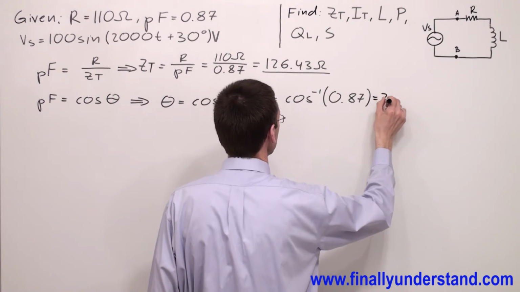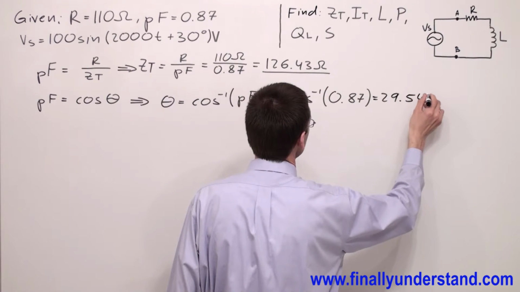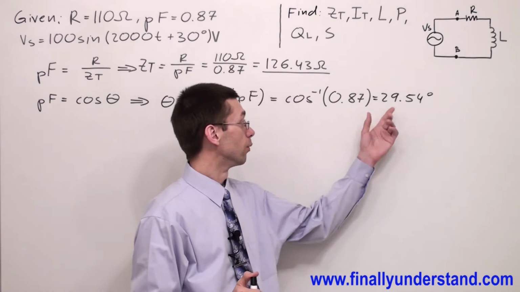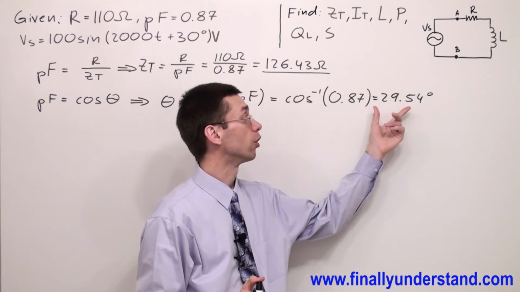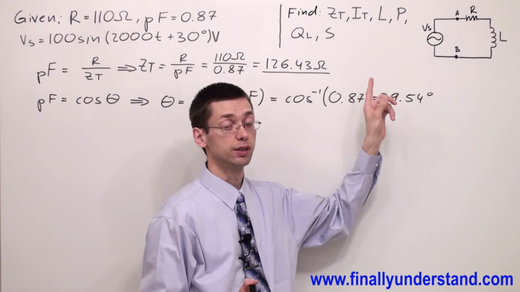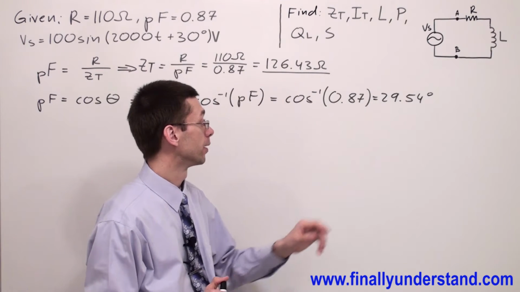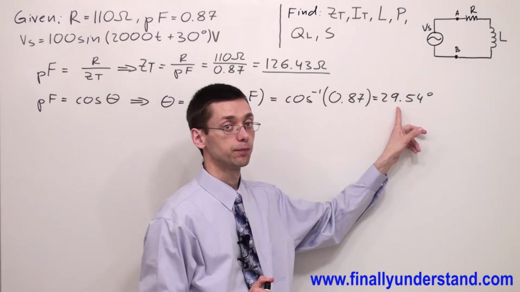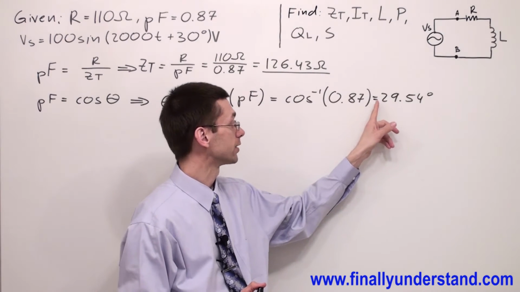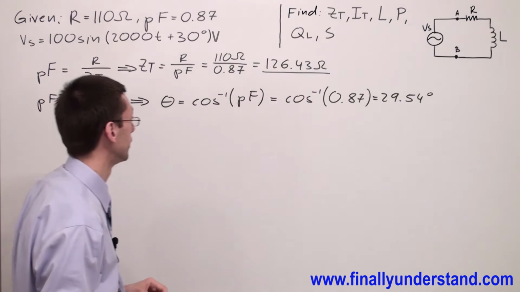This is equal 29.54 degrees. Now, please notice that we are going to have a positive angle because we are dealing with the RL circuit. In the RL circuit, current is going to lag the voltage source by this angle. So that's why we are always going to have a positive sign at the front of this value, okay? My angle must be positive.